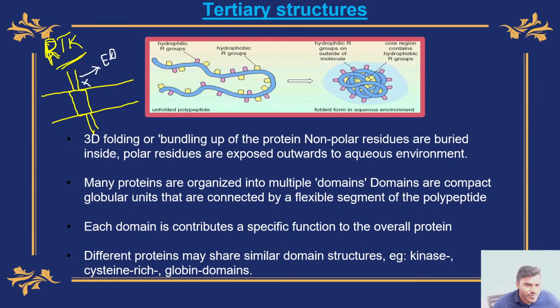I just cut it. When I cut the extracellular domain, do you think the transmembrane domain and the cytosolic domain will be active or inactive? 100% friends, the transmembrane domain and cytosolic domain will be active. Don't get confused with that particular point.